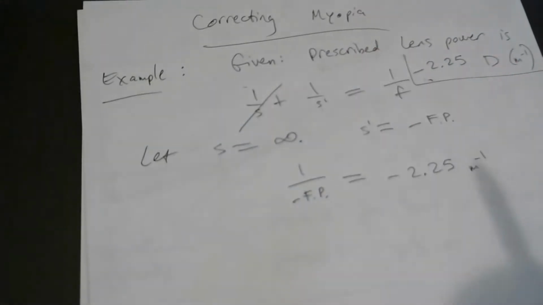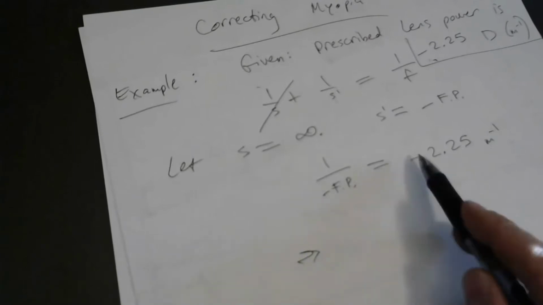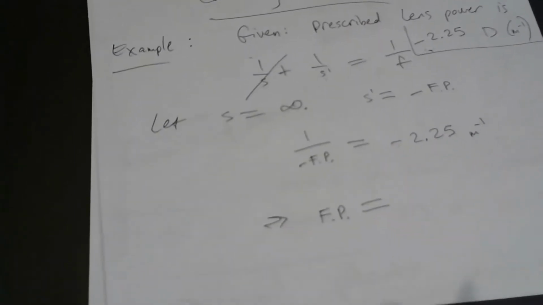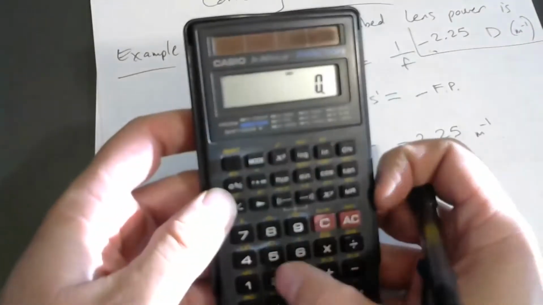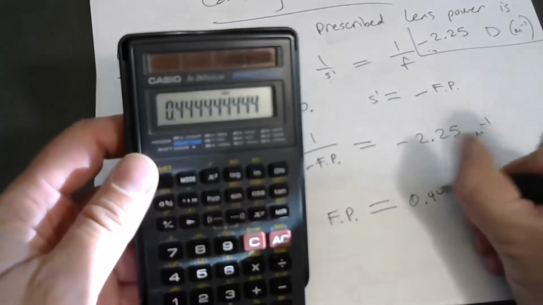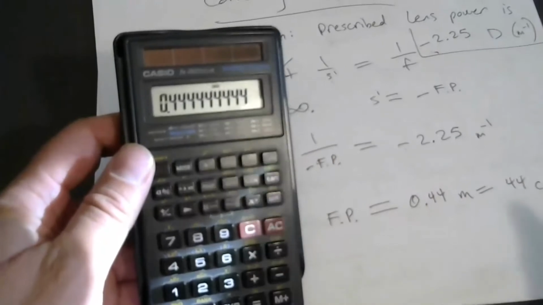After I take the reciprocal, my far point will be in meters. Okay, minus signs cancel. And according to the equation here, my far point would be, I just take the reciprocal of 2.25. That's 0.44 meters. In other words, 44 centimeters.